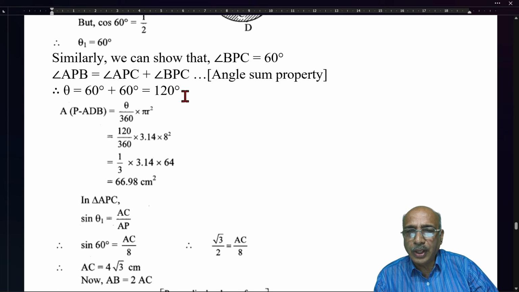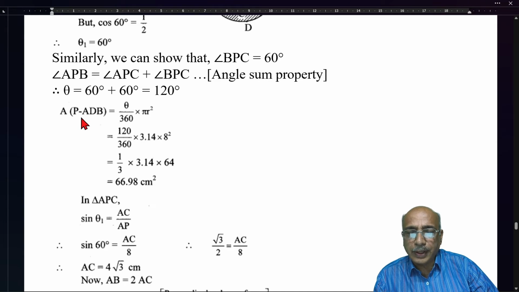Similarly, we can show that angle PBC also equals 60 degree. Therefore, angle APB equals angle APC plus angle BPC. Therefore, theta equals 60 plus 60 equals 120 degree.